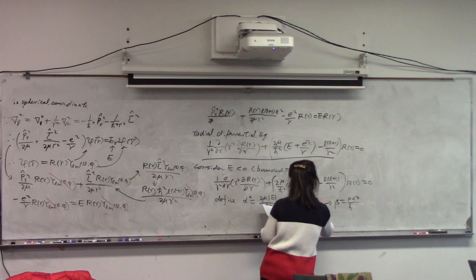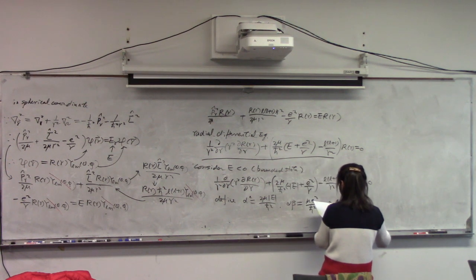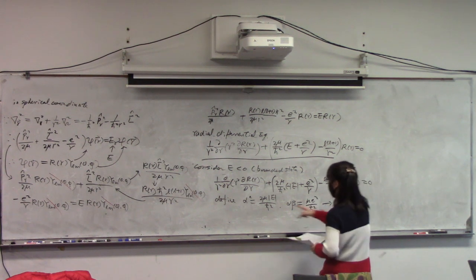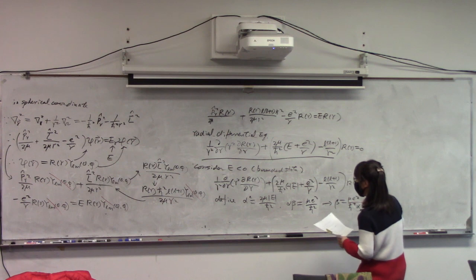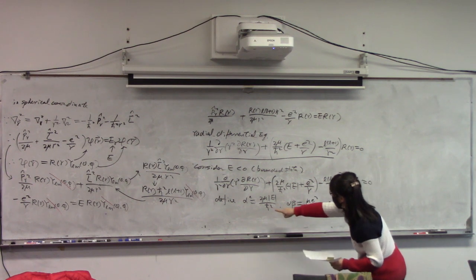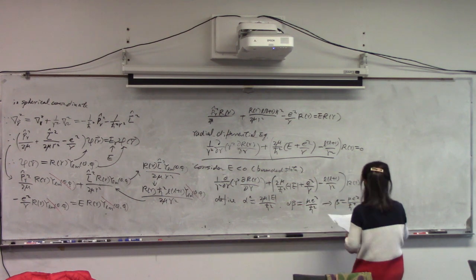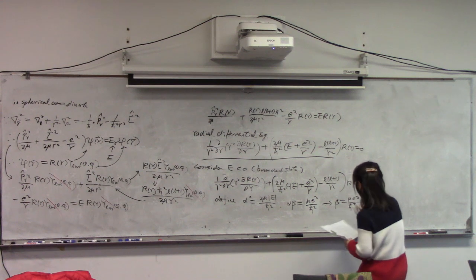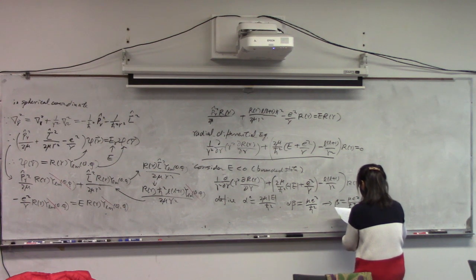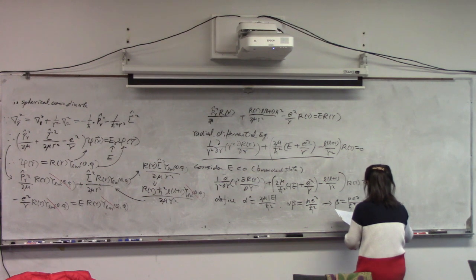So you can see alpha squared is this, so take the square root. Then there are terms with h bar, so finally beta is e squared over h bar times the square root of mu over 2 absolute value of e.